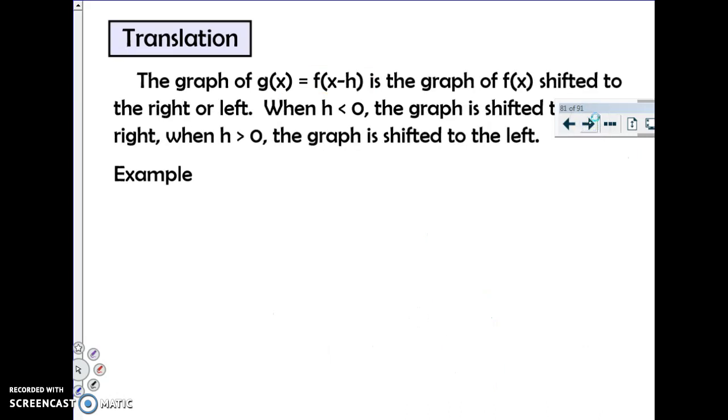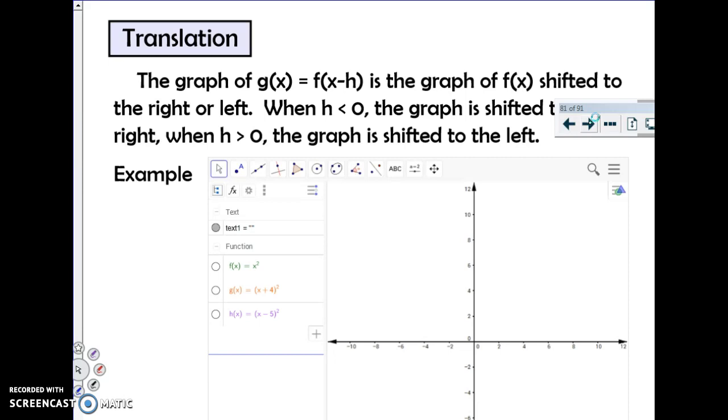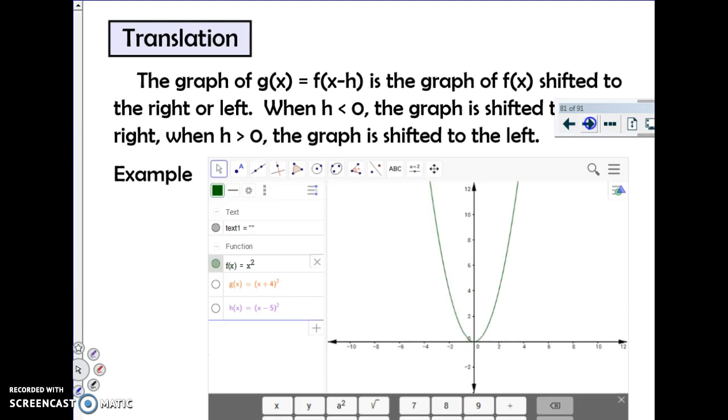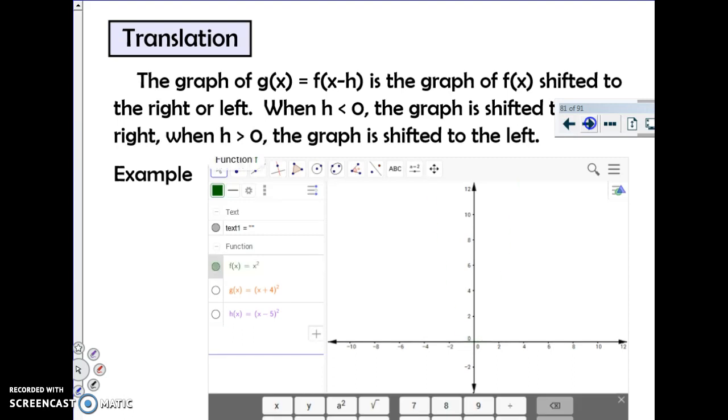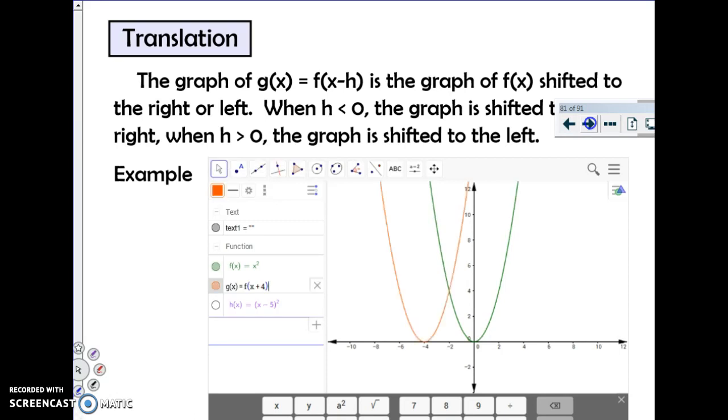Okay, a horizontal translation will be when you take h and you subtract it from the input before you even put it into the function. So again, if we look at our parent function x squared, and now if you're looking at the next one, what I did was I took the plus 4 and I put it inside the parentheses to add it to the function before, and it gets shifted to the left.